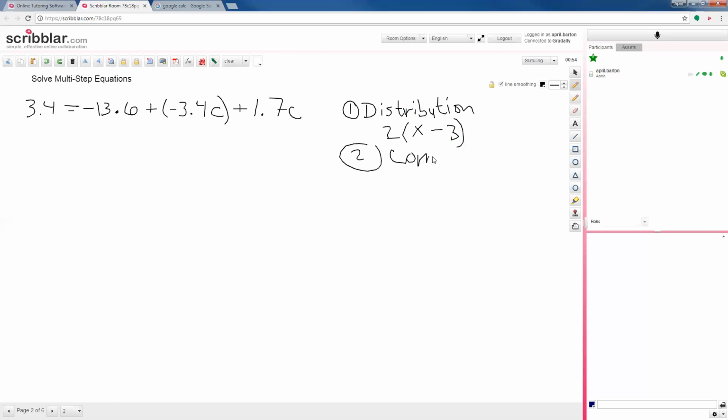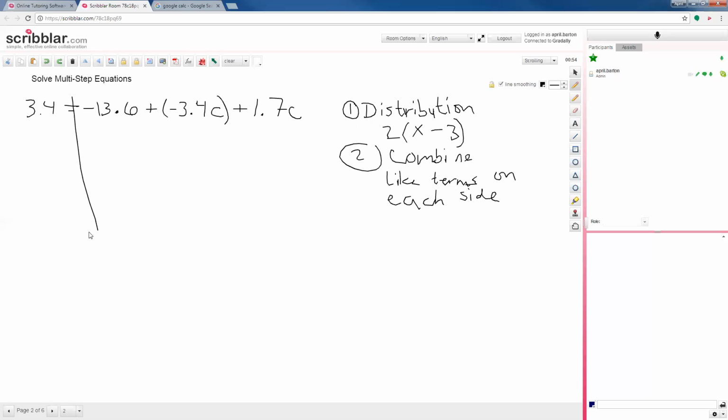We want to combine like terms on each side of the equation. So again, we know where the equation is split by that equal sign.